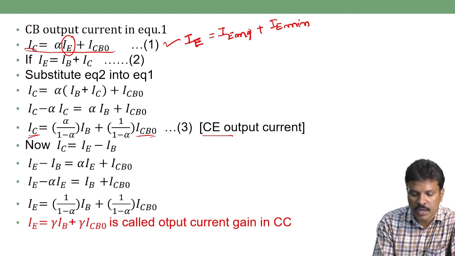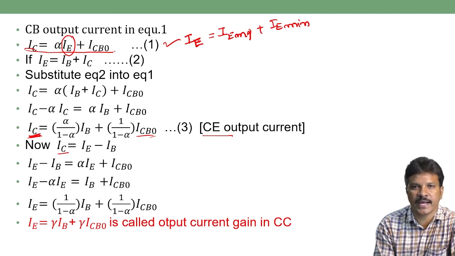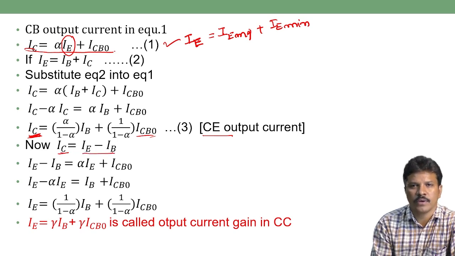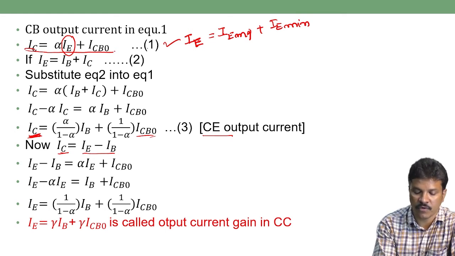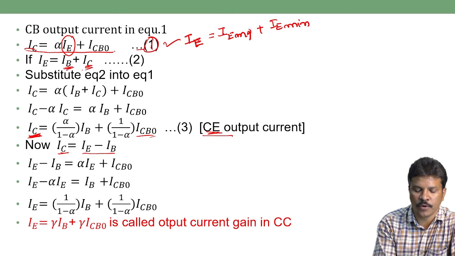Now, to get the output emitter current, substitute IC equal to total current IE minus IB in equation 1, to get the entire equation in terms of input current and output current.